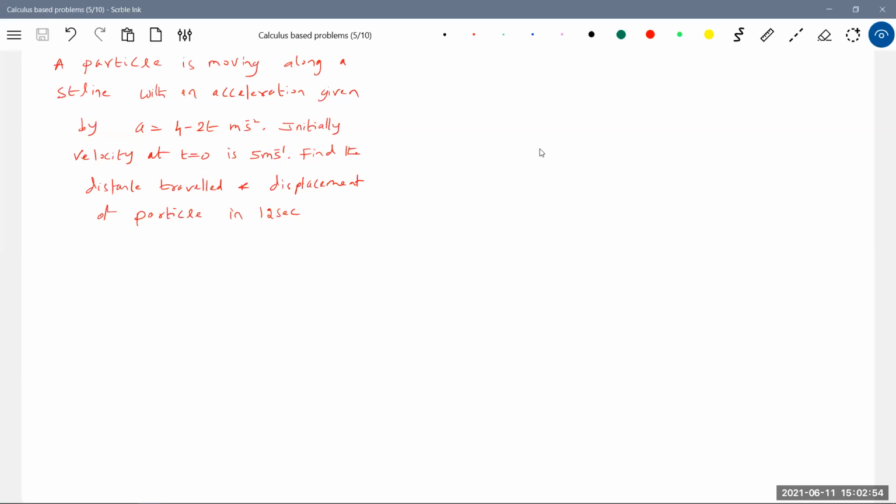We'll write initially, at t equals 0, the initial velocity is 5 meters per second, and it is at the origin.